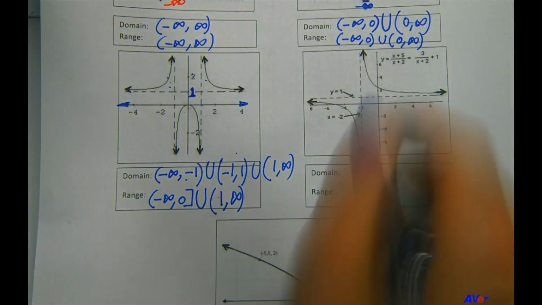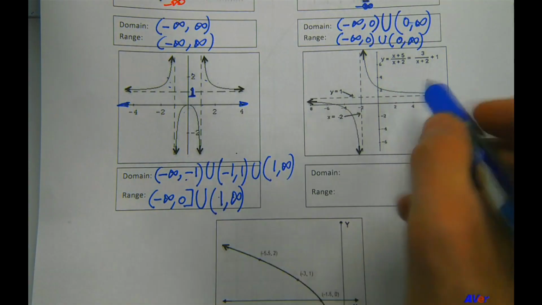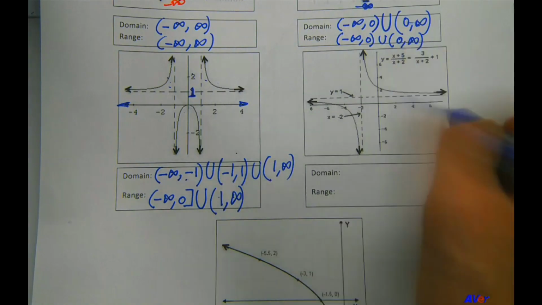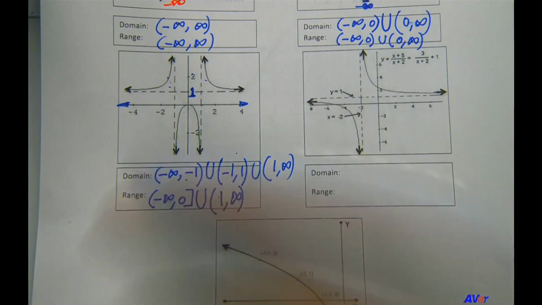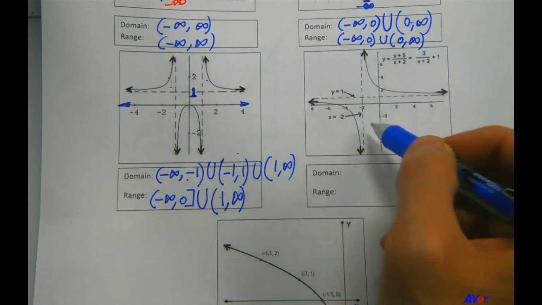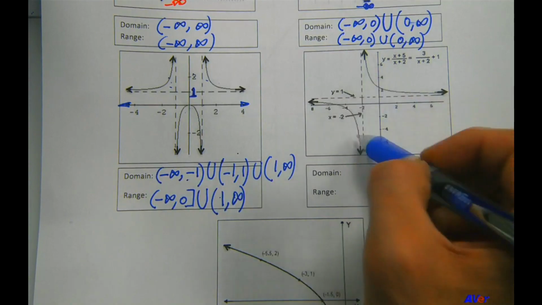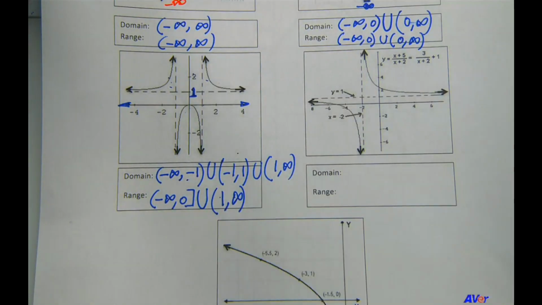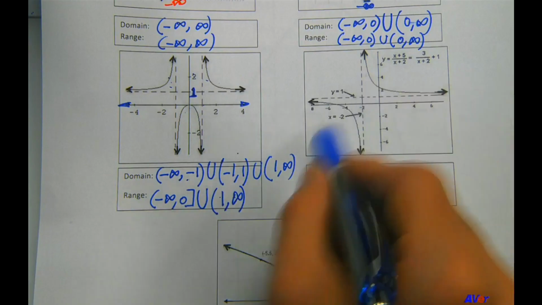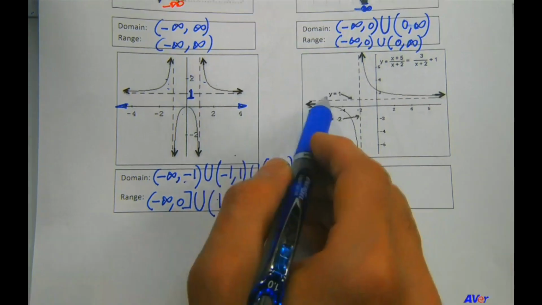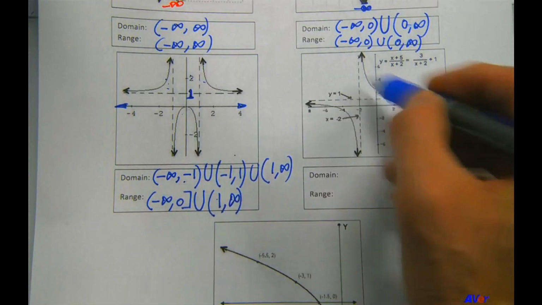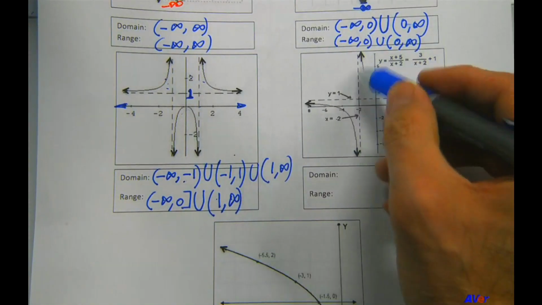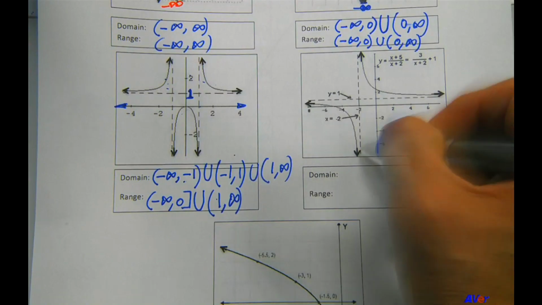Now, this one is the graph of this function that you see there. So for the domain of this, once again, we have to force our eyes to look at the behavior of these 2 pieces with respect to the x-axis. So I'm going to look at this one. With respect to the x-axis, it's coming from negative infinity, and it's approaching some x value defined by this dashed line.